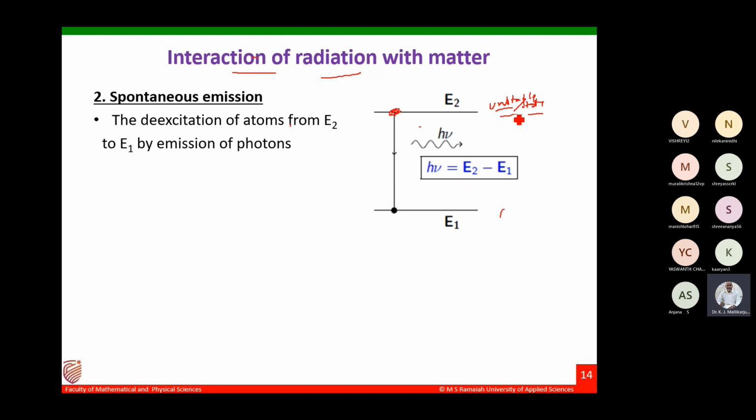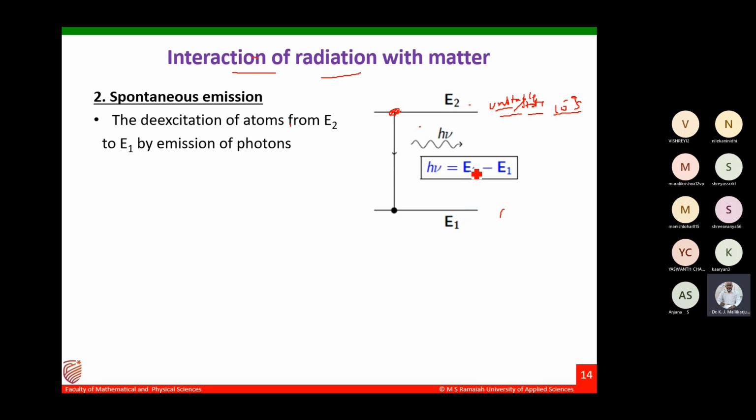That means that energy level does exist, but its lifetime will be in the order of nanoseconds or even less. Therefore, once it goes up, it comes back to the ground state naturally.